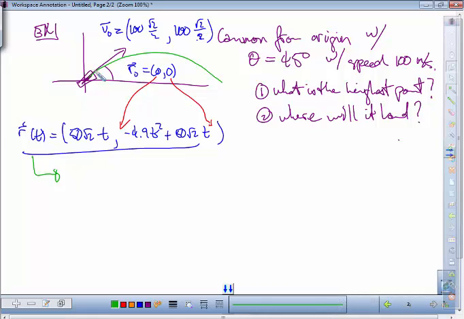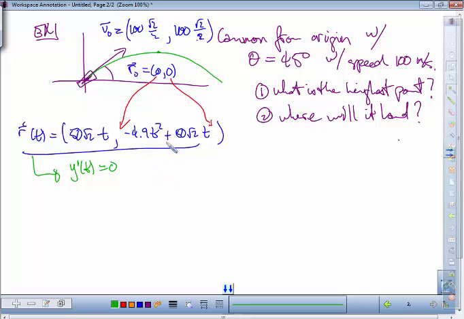Not positive, but the direction of that. So the velocity goes up and then it goes down. So at some point we reach our maximum, and that's dependent on the velocity vector's y value. So y prime, the y component, is going to equal 0.